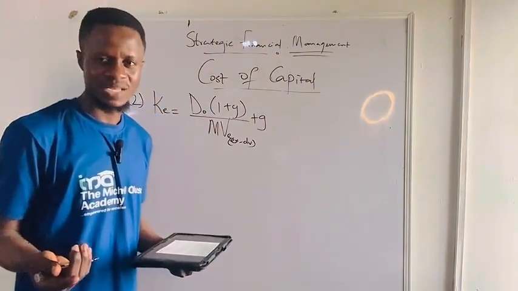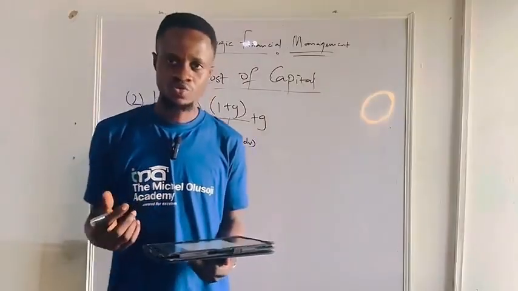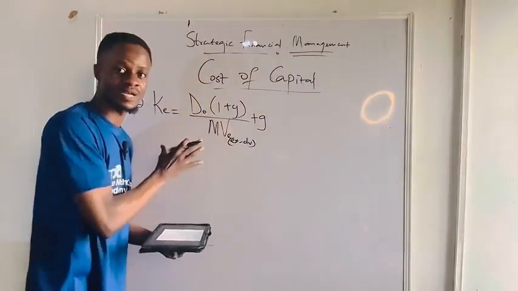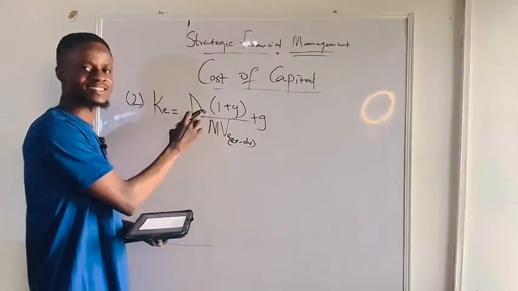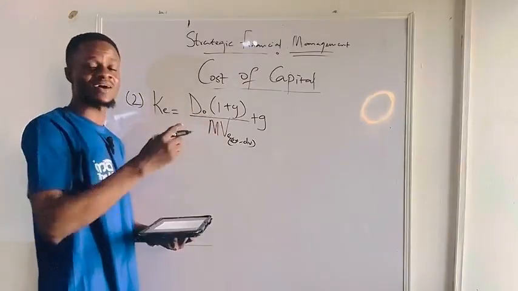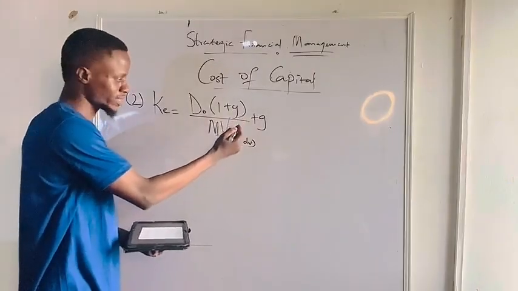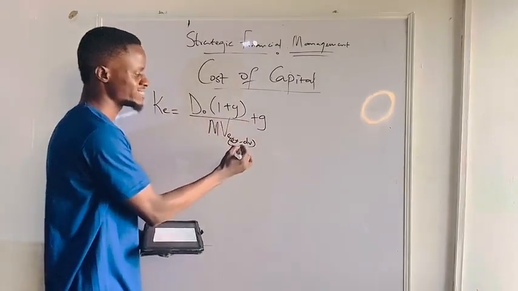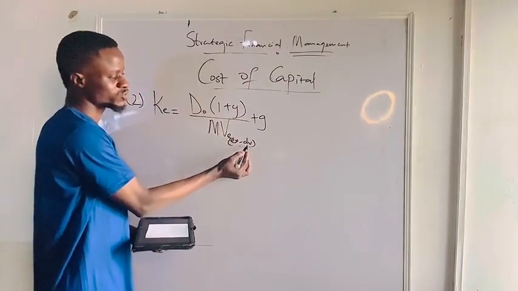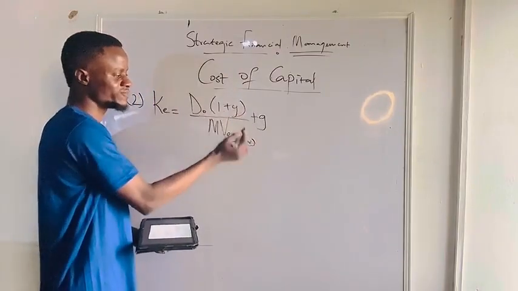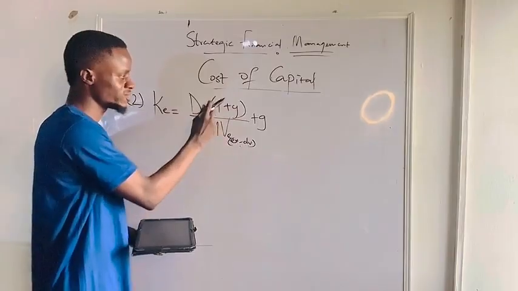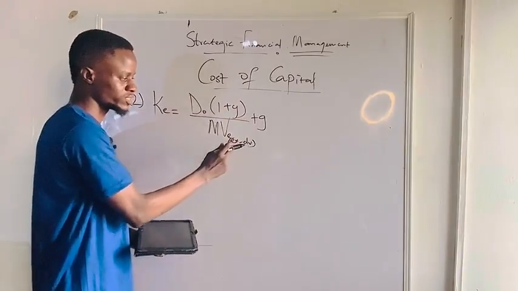Let me repeat it because I want you to get this. There is this formula; let your formula guide you. This is D0, the base dividend, the dividend that has been paid. We have the growth here, and we have the market value, and this market value must be ex-div. That is, the dividend must be removed from it.